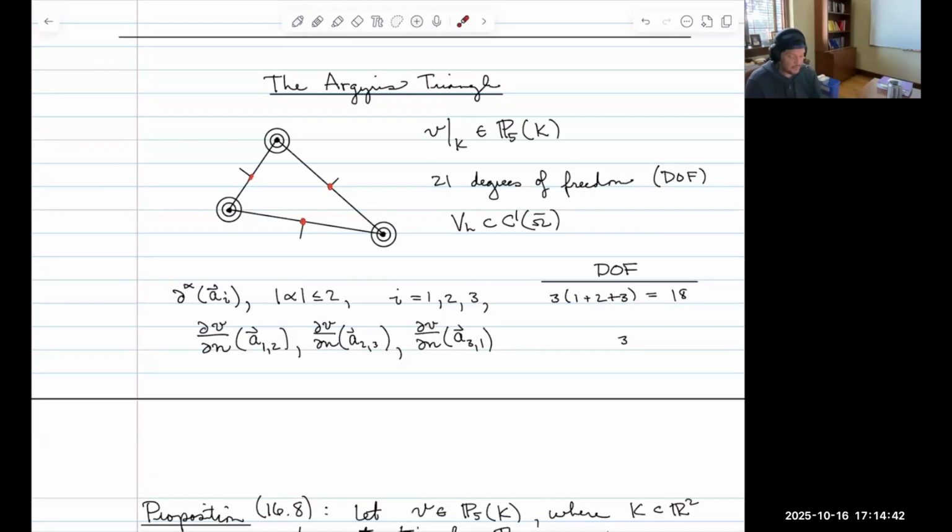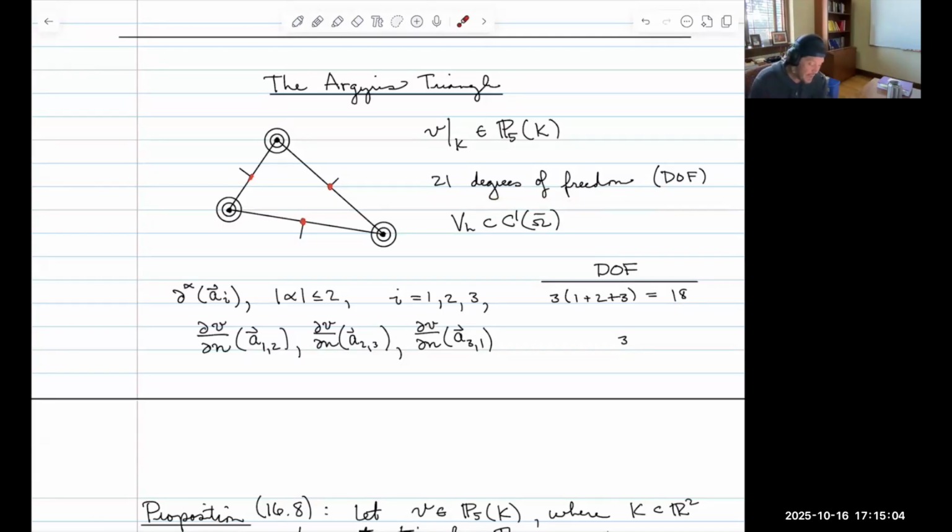So that gives a total number of degrees of freedom of 18. And we're going to use the normal derivatives at the edge midpoints. That's 3 more degrees of freedom, for a total of 18 plus 3, or 21 degrees of freedom.